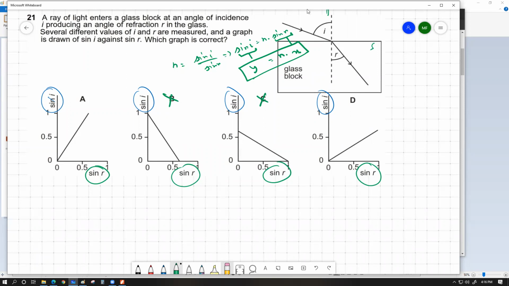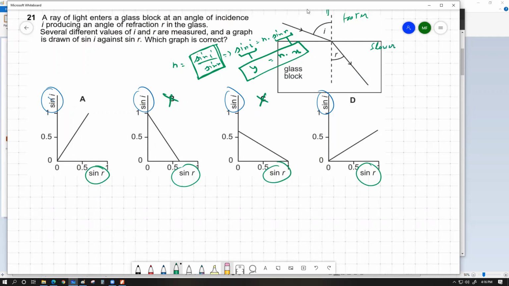Here is what you need to judge. This ratio of sin I by sin R, which is basically the gradient of this straight line, should it be bigger than 1 or smaller than 1? For any pair of values of I and R, I is always defined as the angle inside the faster medium, and R is defined as the refraction angle, which is always defined within the slower medium.